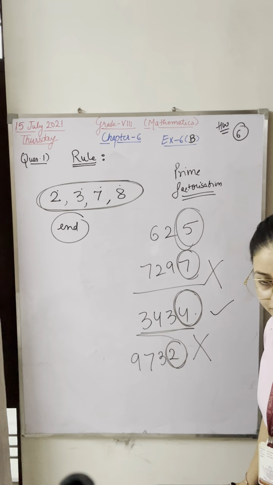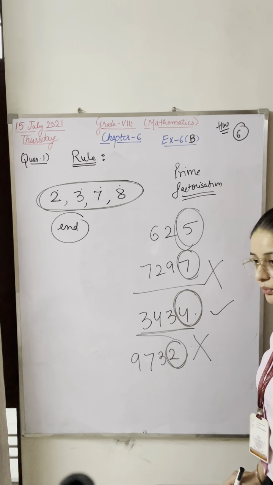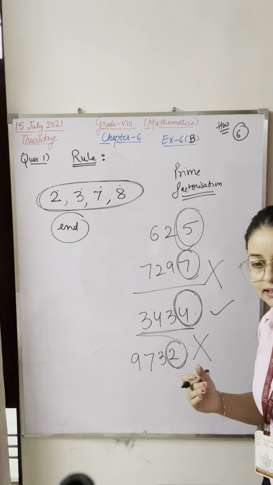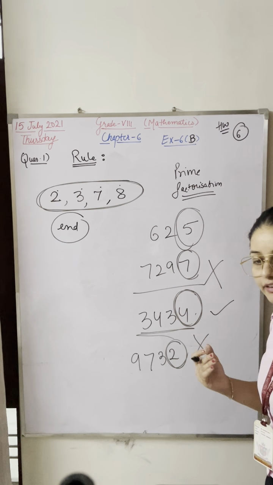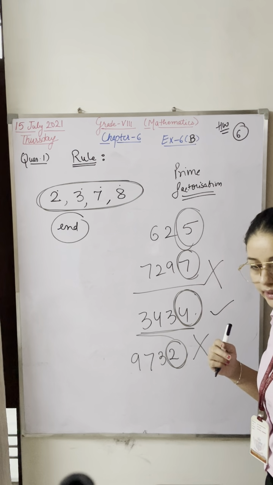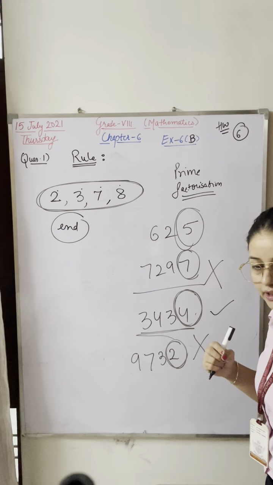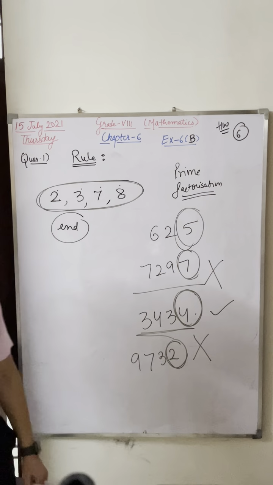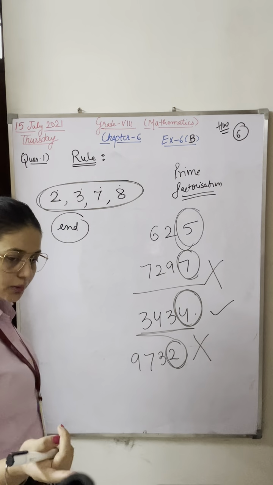Right? Okay. Chaitanya, we can't say that these are the divisibility rules. We can say that these are the rules for finding out the perfect square. Divisibility rules are something else. One more thing, Dipanshu has said. Dipanshu, I was just about to say that.